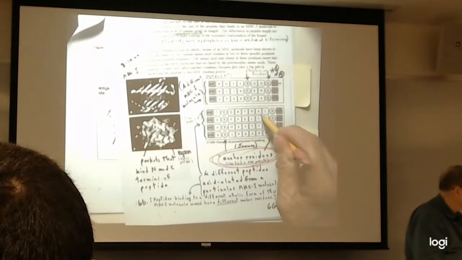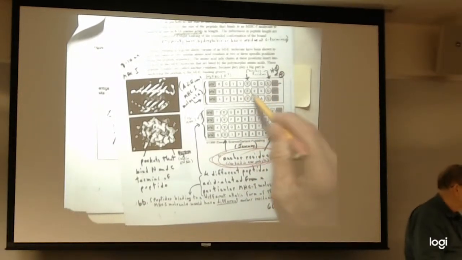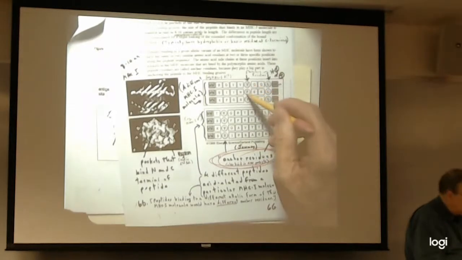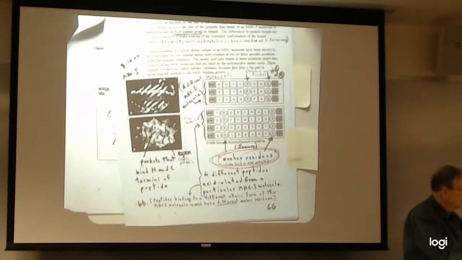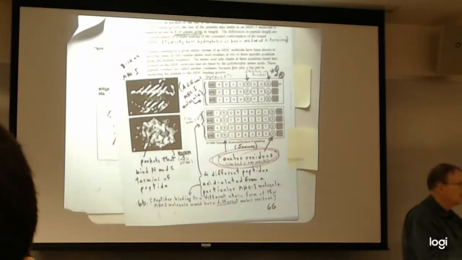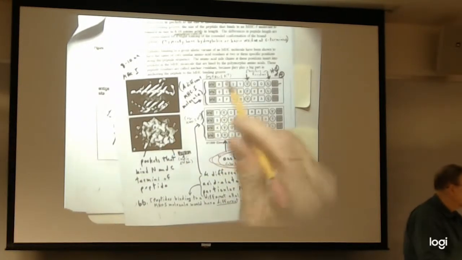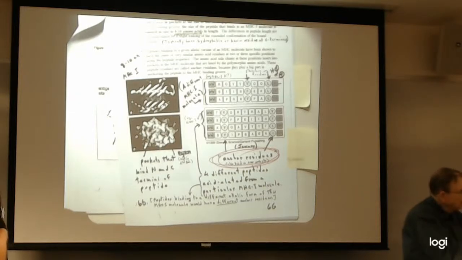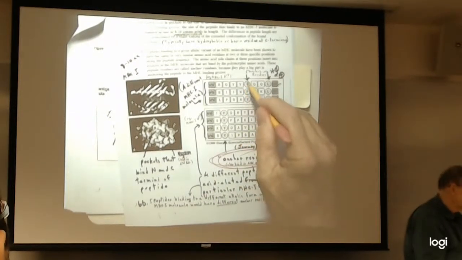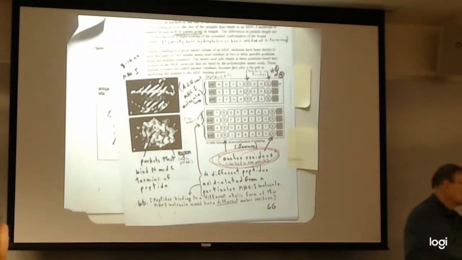The side chains on tyrosine and phenylalanine are very similar. They have basically a benzene ring. For phenylalanine, the side chain is just a benzene ring. For tyrosine, it's a benzene ring with a hydroxyl group on it. So these have structurally similar features, and they can fit into a slot.